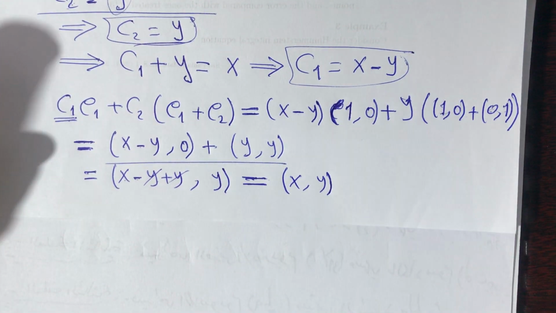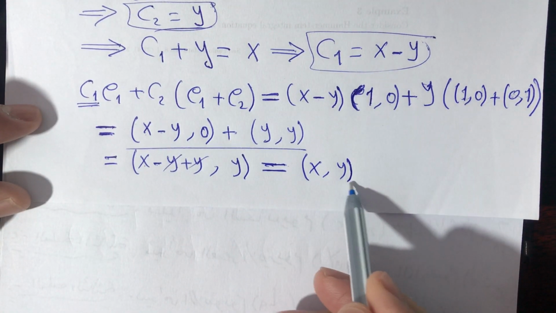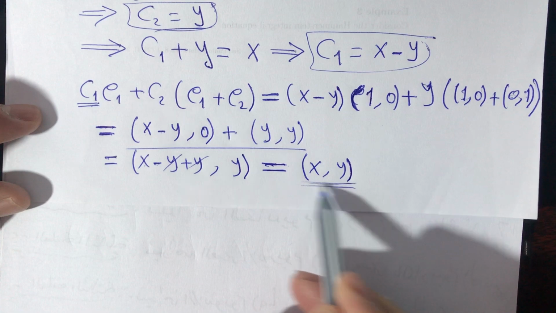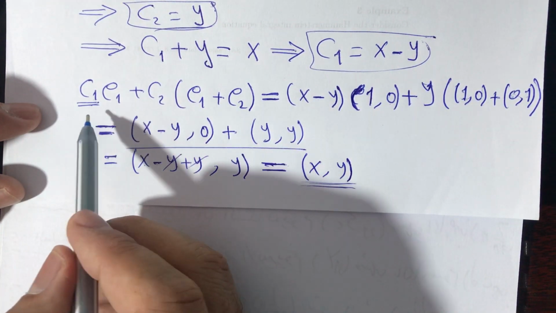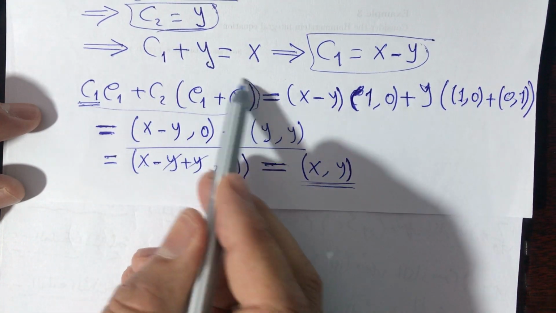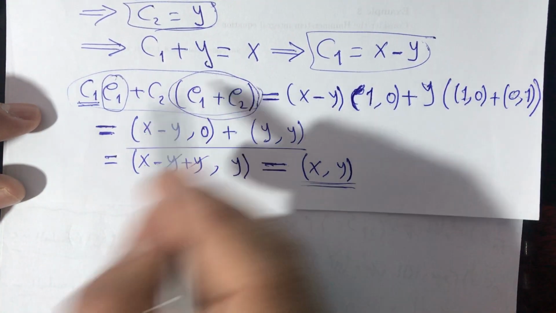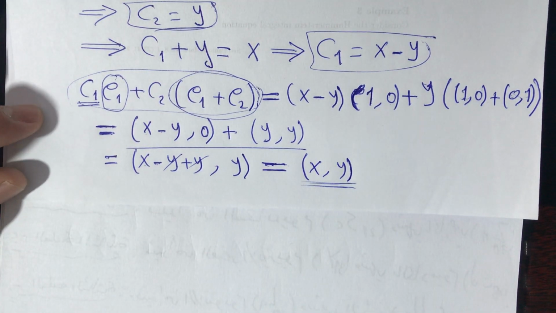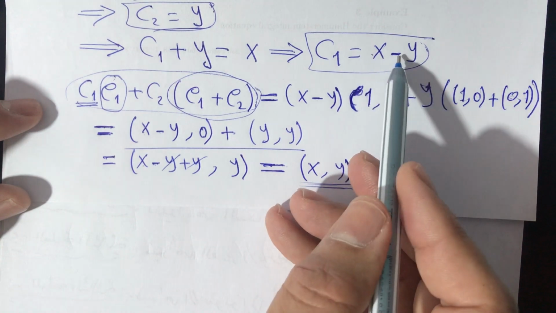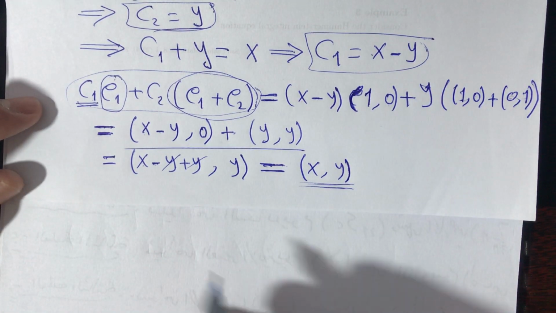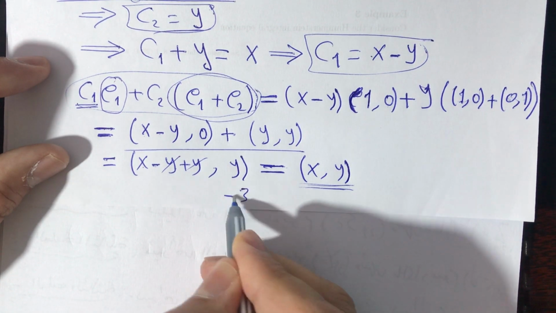So any point, any vector in R2 times 1, can be written as a linear combination of these two vectors, this is the first vector and this is the second vector, such that C2 equals y and C1 equals x minus y. This is page number 3.